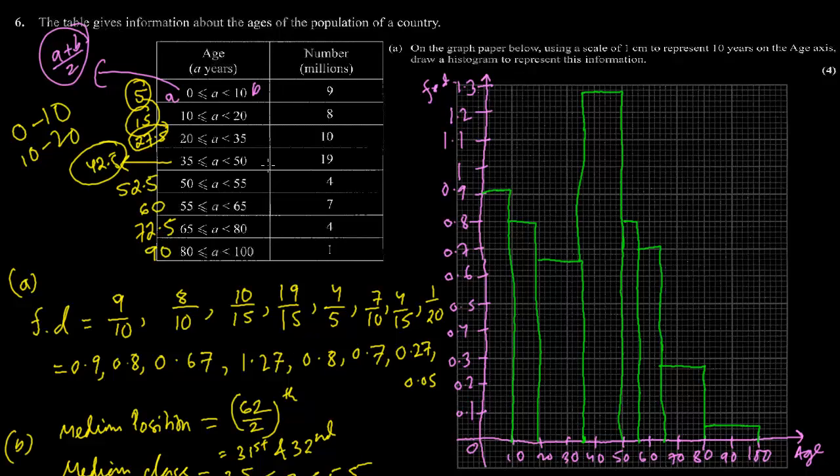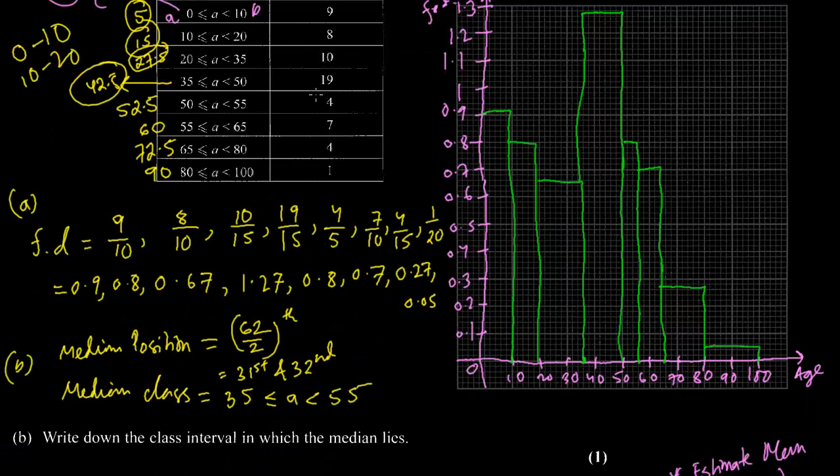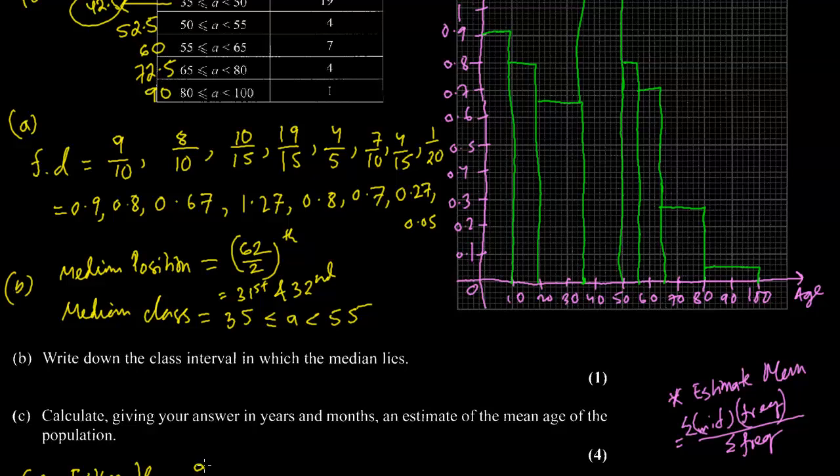So now we have to do the calculation. It is going to be 5 into 9. The midpoint is 5, the frequency is 9.